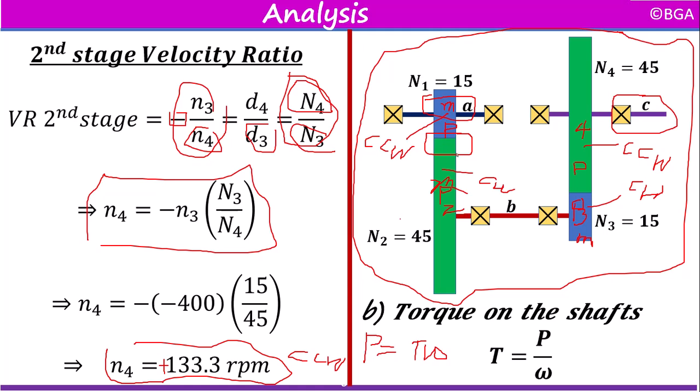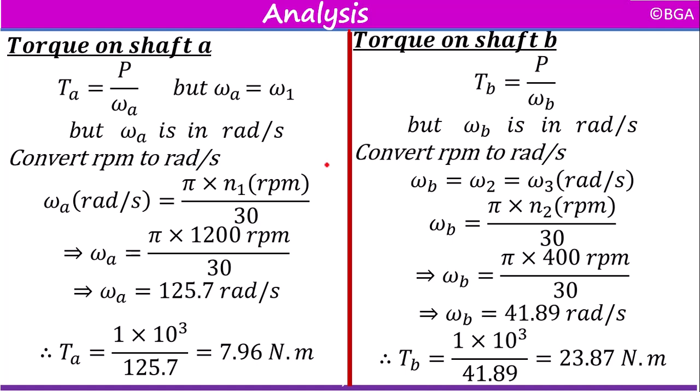So let's find out first the torque transmitted with an assumption of 100% power transmission. Here is the equation of the torque. For shaft A, torque on shaft A is given by the power divided by the angular speed of shaft A. Angular speed of shaft A technically is equivalent to RPM of gear 1, or omega 1 you can say.